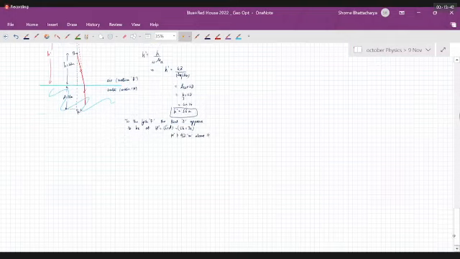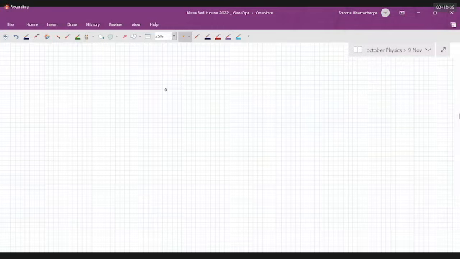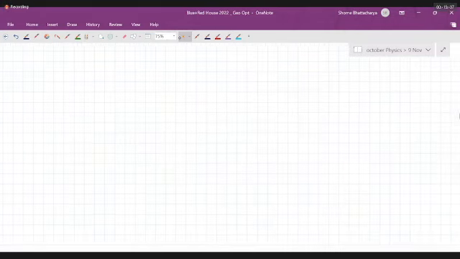Okay, now next we look at a very important formula based on this concept. This is not a standard formula in that sense, but for JEE questions, you should remember the formula and its application.